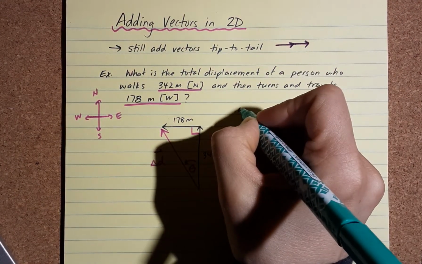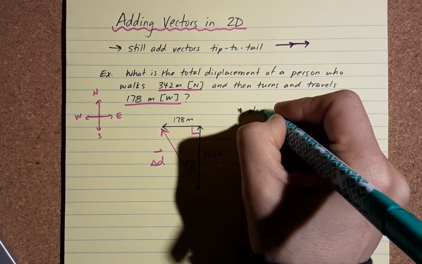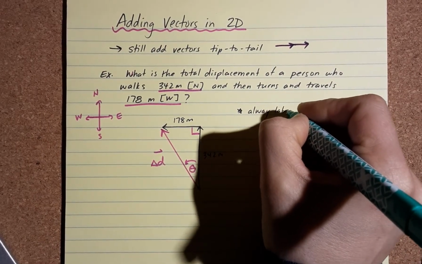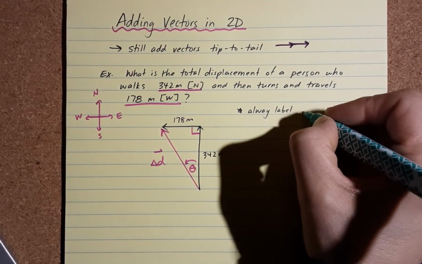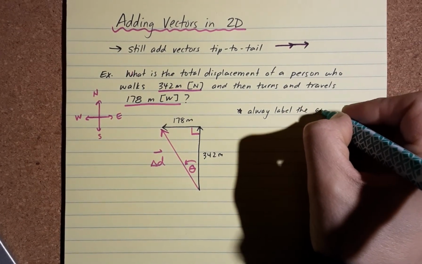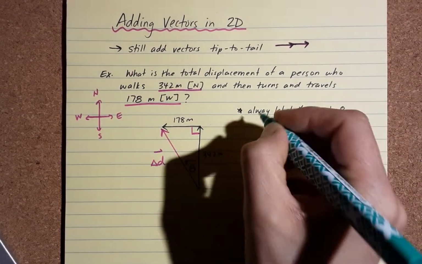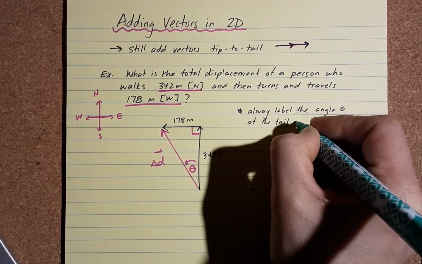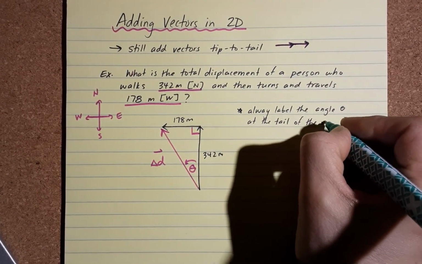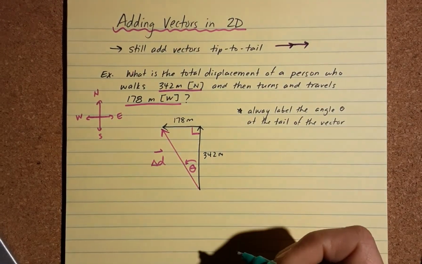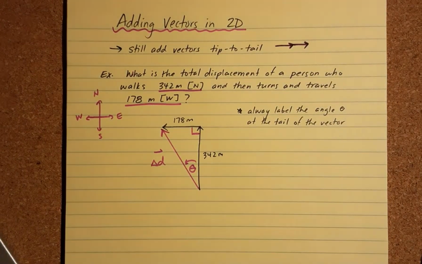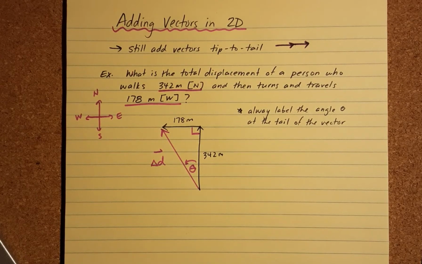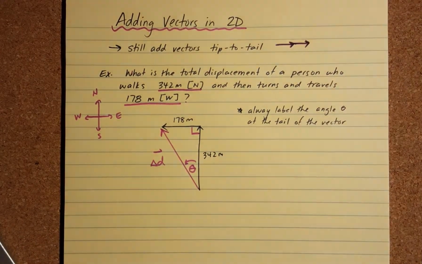So I'm just going to make a little note there. Always label the angle theta at the tail of the vector. Okay. And you can see this is a right angle triangle, and I have the 2 legs of that.